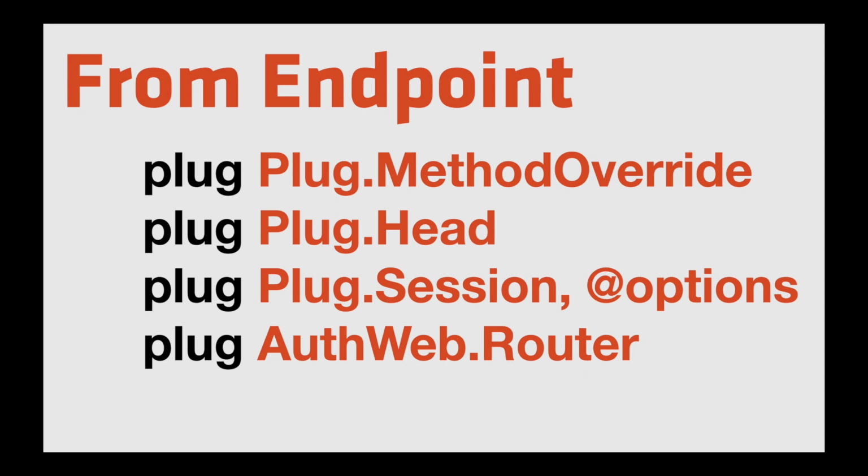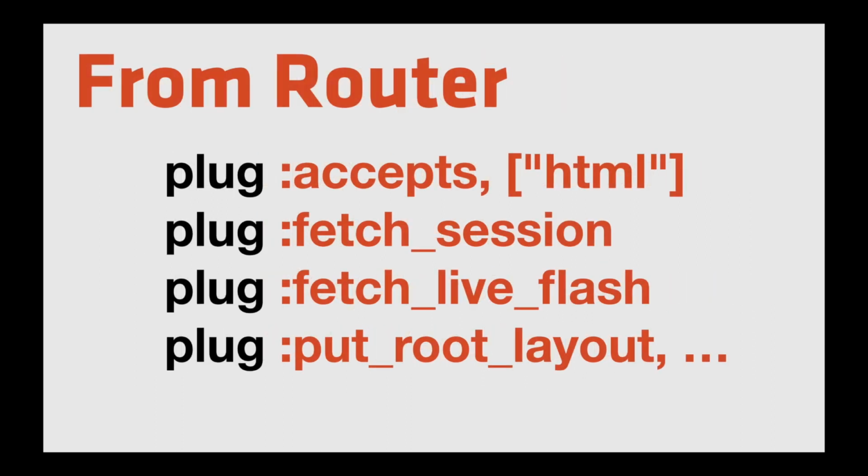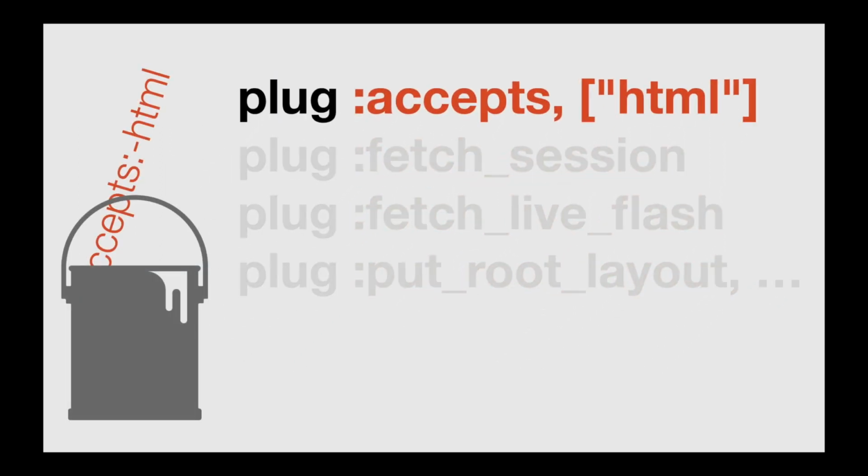The fourth one engages the router, where we actually go from general policy to policy about individual requests. In the router, we have individual pipelines of plugs describing our policy. This is taken from a pipeline called browser, which is what happens when we make a browser request. The first one says that we accept HTML, we fetch the session, but these things are actually working on the big bucket, right?